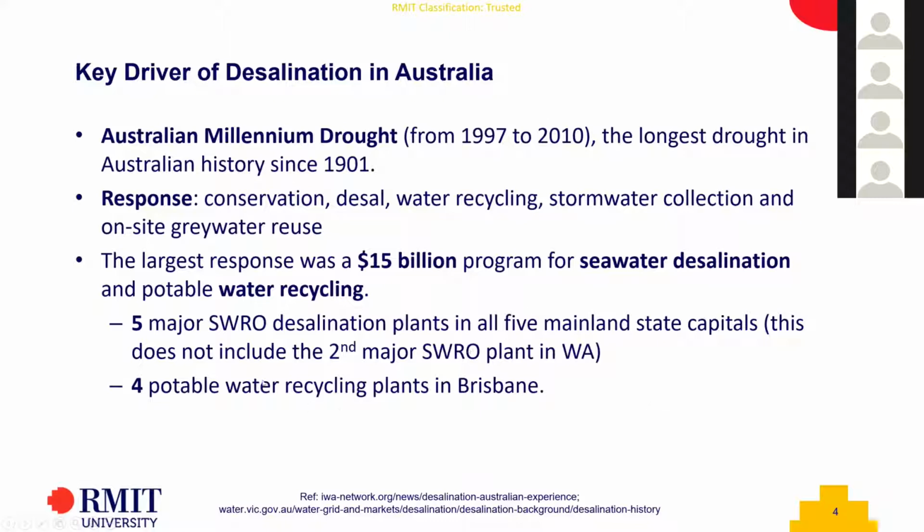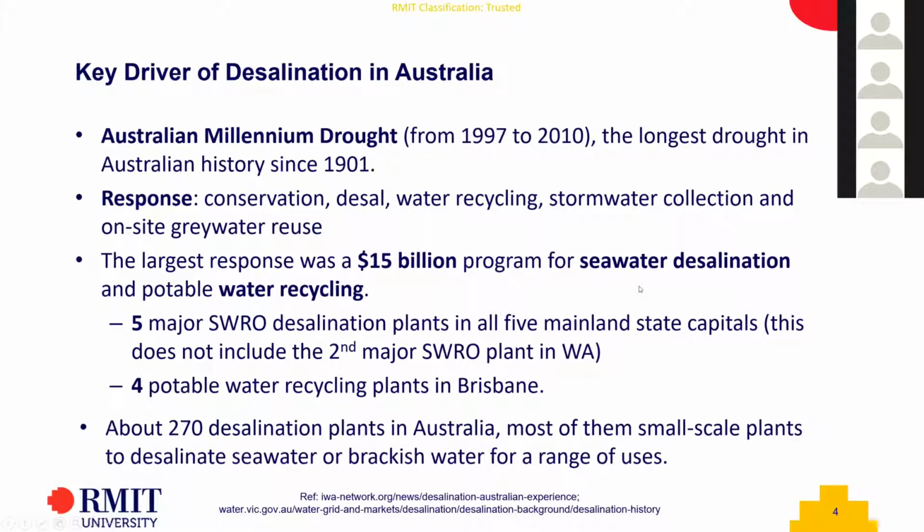And apart from that, we can see 4 potable water recycling plants were constructed and commissioned in Queensland, Brisbane. So this is basically some information about why seawater desalination has been considered by the governments as an effective way to address the drought problem.